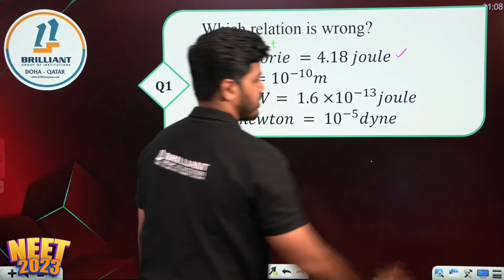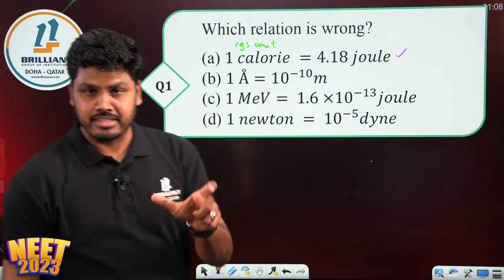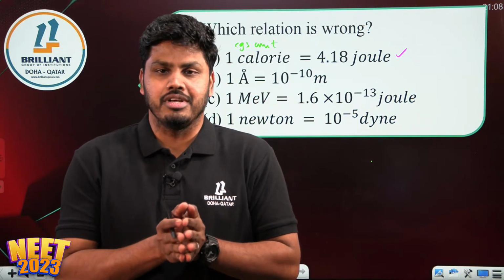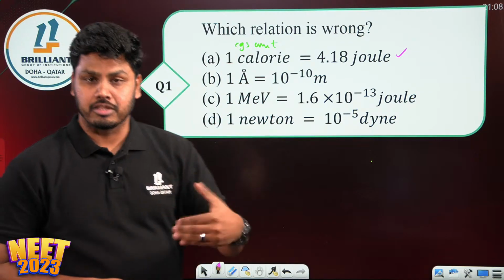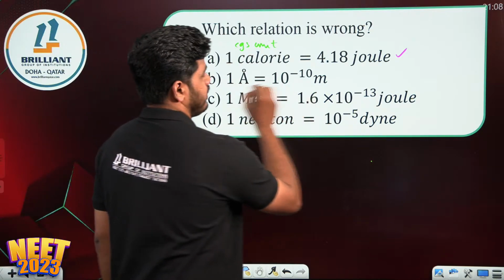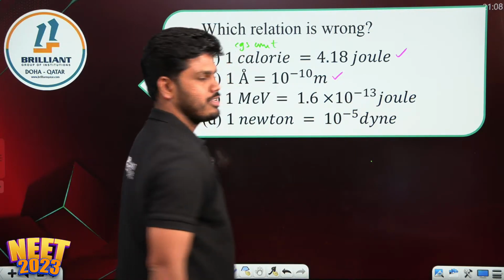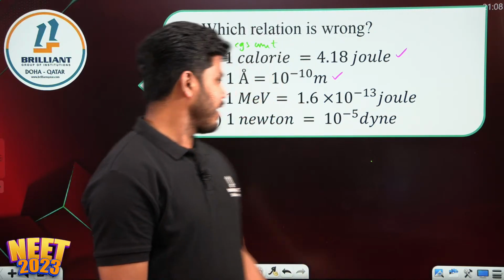That is a correct relation, so the first option is correct. Second one, 1 angstrom, a unit of length. Usually we measure atomic size in this unit, or the wavelength of electromagnetic radiation. That is 10 raised to minus 10 meter. That is also correct.